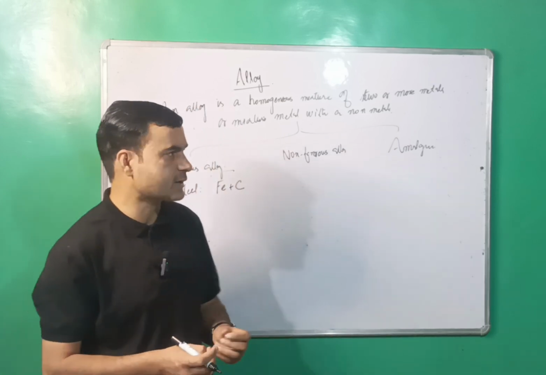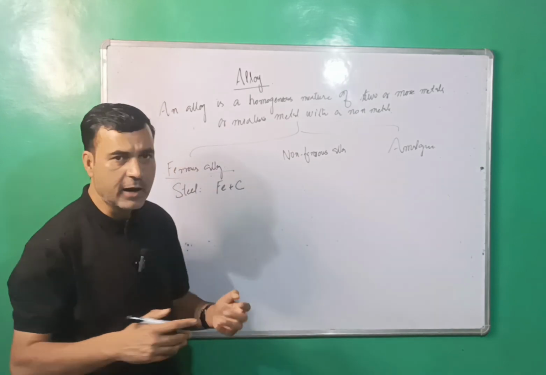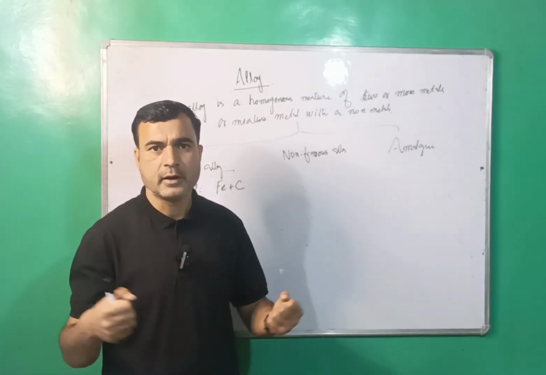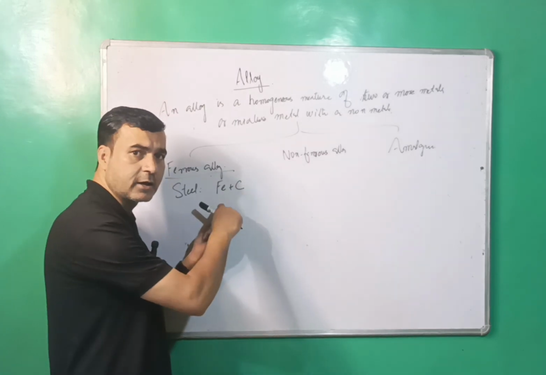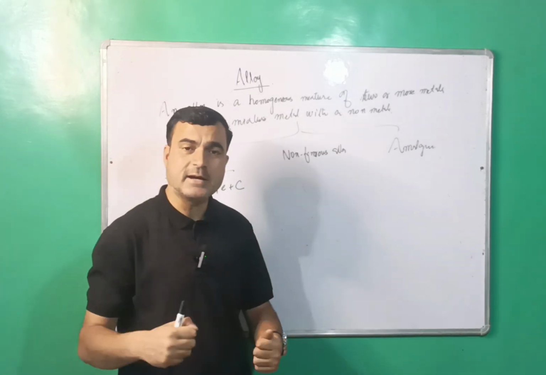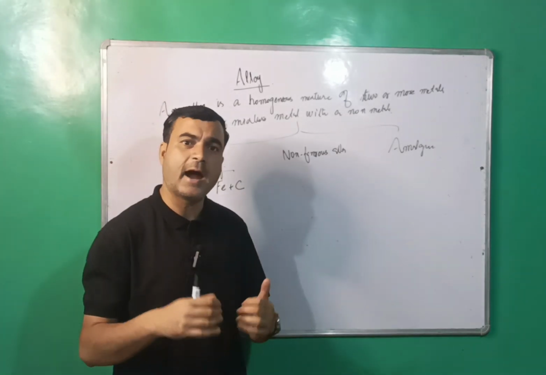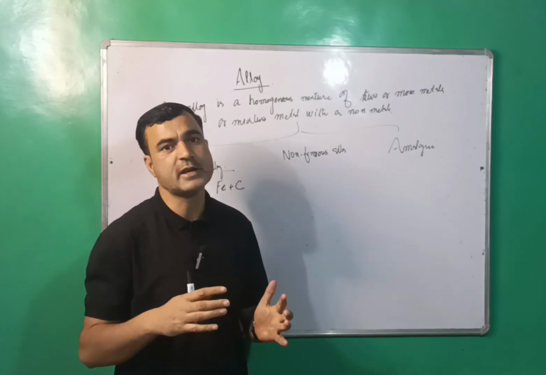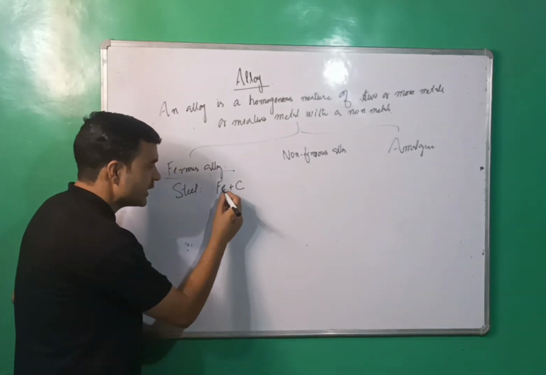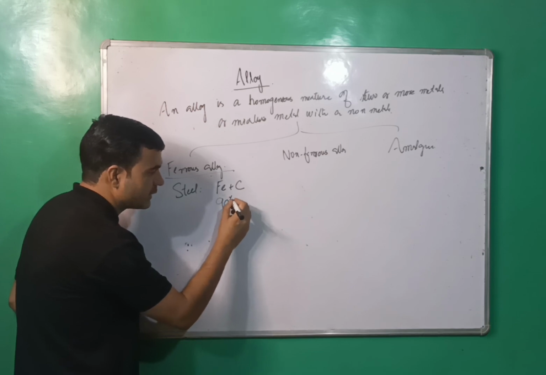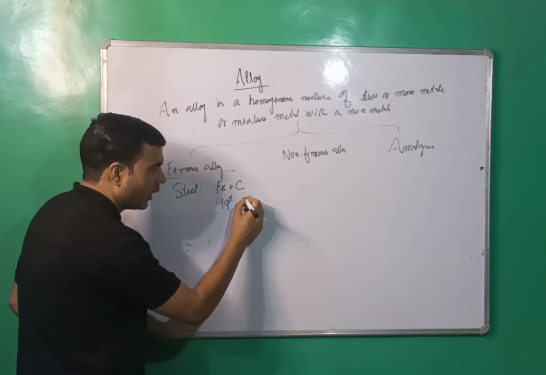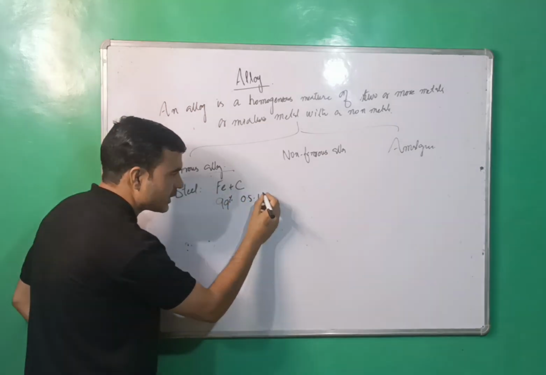For example, if we melt iron, it can be stretched. But when we add carbon to the iron, its durability, chemical properties, and hardness are increased. Steel is 99% iron and only 0.5 to 1% carbon.